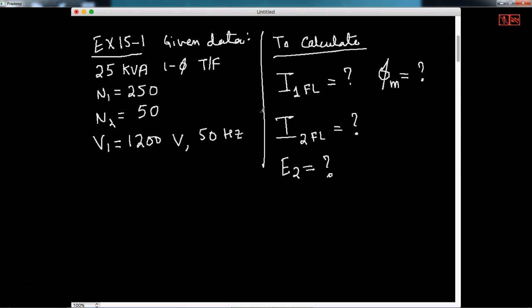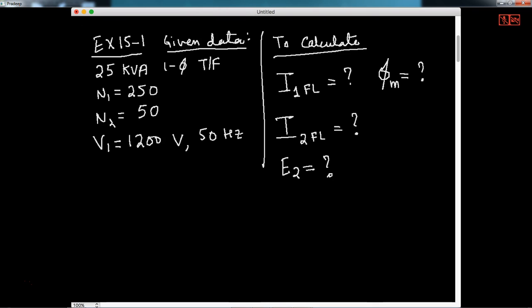Just to review your knowledge of transformers, whatever we discussed so far, can you try and suggest answers for this? Just take 2 minutes time. Try to find out the full load current of primary, full load current of secondary, EMF induced in secondary, and then maximum flux. I'll just give you 2 minutes time.